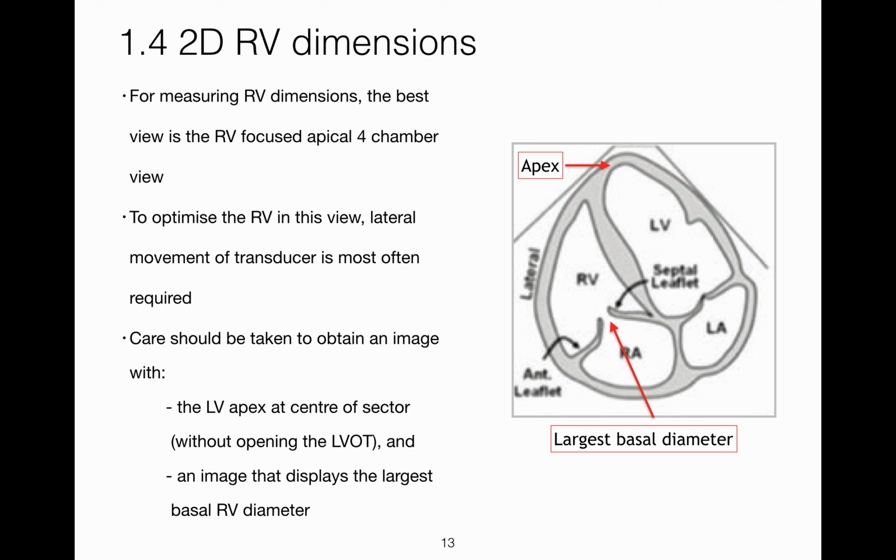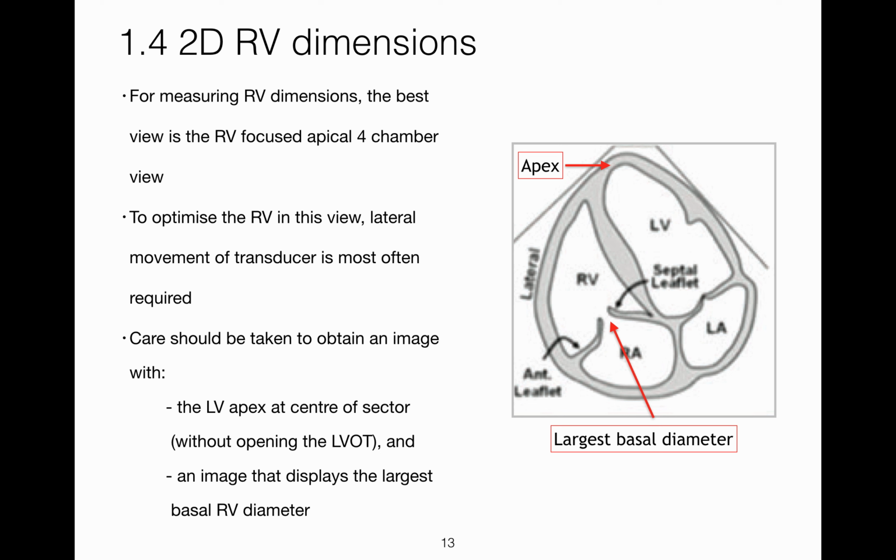(2D) RV dimensions. As mentioned in the last practice of cardiac sonography lecture, RV dimensions are best measured from the RV-focused apical 4-chamber view. Remember, to optimize the RV in this view, lateral movement of the transducer is most often required.